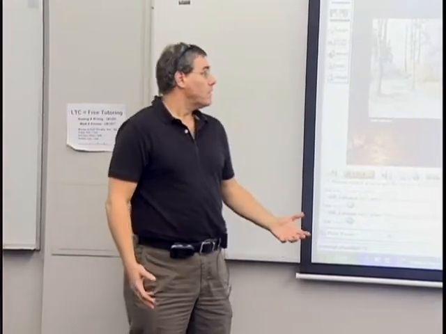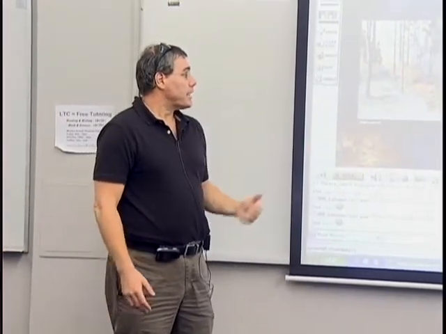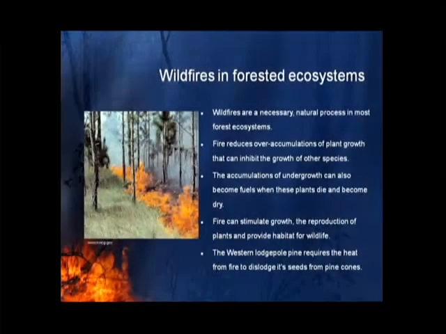They have to. Fire can stimulate growth and the reproduction of some plants and require it, and it also makes room for habitats. For example, there's a tree out west called the lodgepole pine, and the only way that it dislodges its seeds from its pine cones is by being heated. Forest fires heat these pine cones, and the pine cones drop their seeds. This is how the lodgepole pine proliferates.